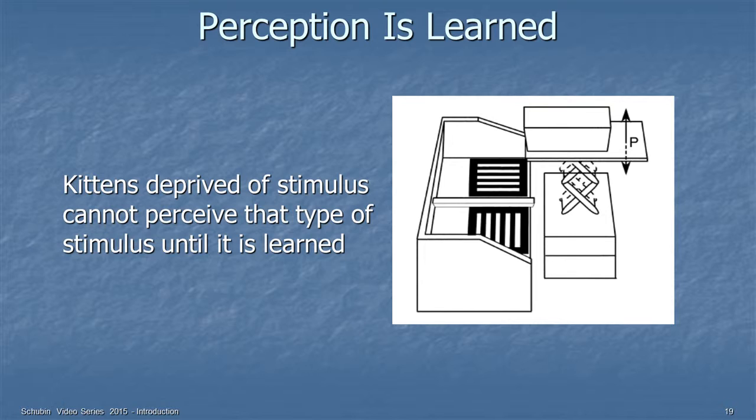And if they deprive some kittens of, let's say, horizontal lines from birth, so they're in an environment only where they can see vertical lines, then they will walk across the glass that has vertical lines on it, but they won't walk across the glass that has horizontal lines on it because they haven't learned to see horizontal lines.